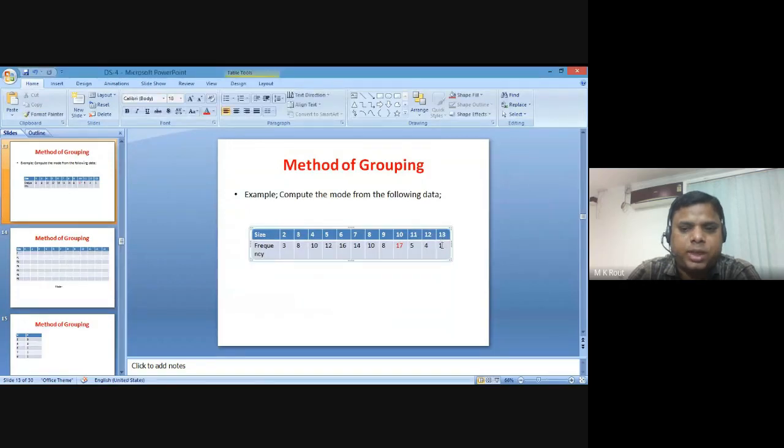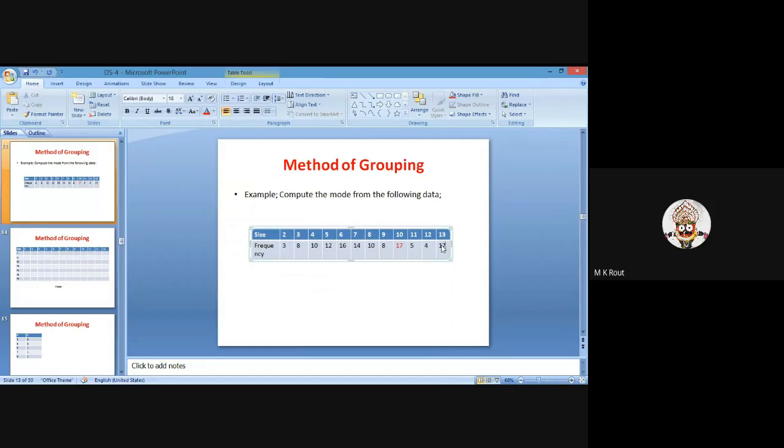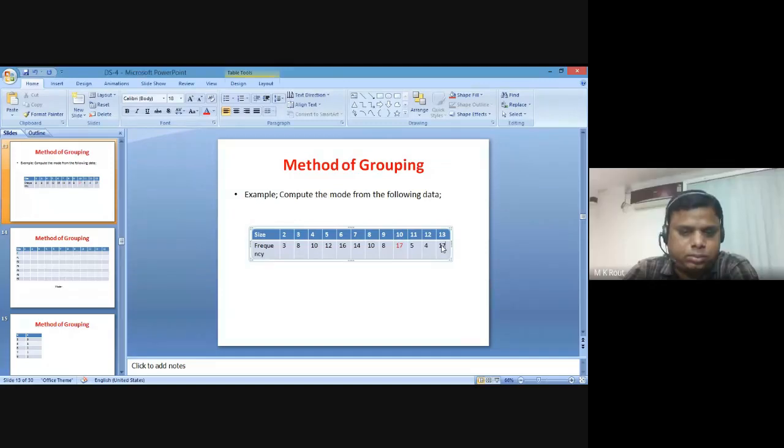Last one is also 17, na? Just mention this one. In case of 13, that is also 17. In case of the 13 column, the frequency is 17.